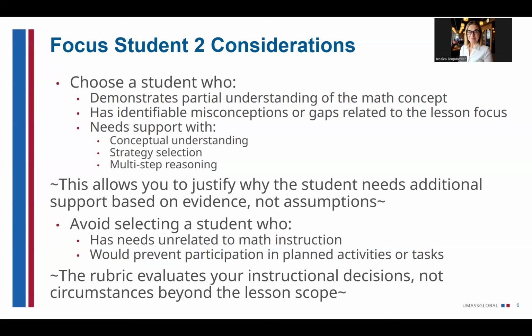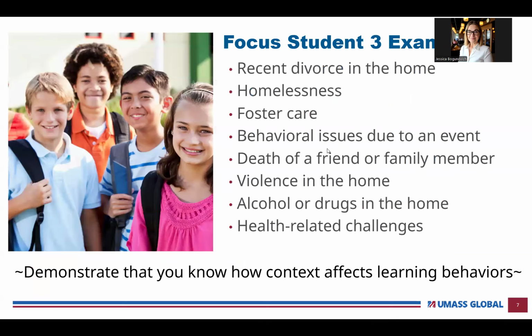So someone who would neglect being there, maybe they're absent all the time, or they have pull-out instruction during the math time. Remember that the rubric evaluates your instructional decisions, not circumstances beyond the lesson scope.